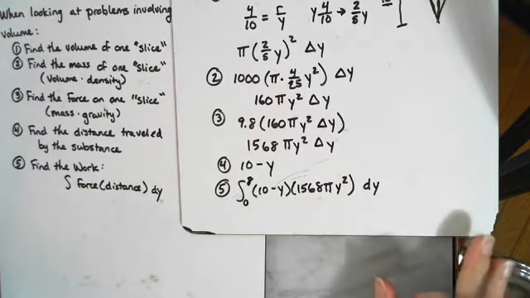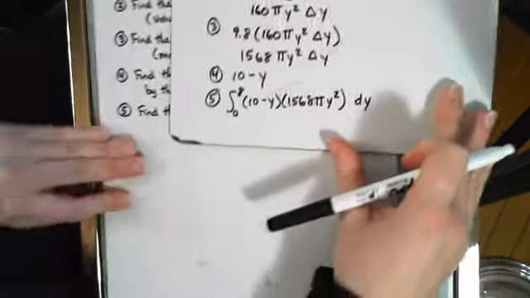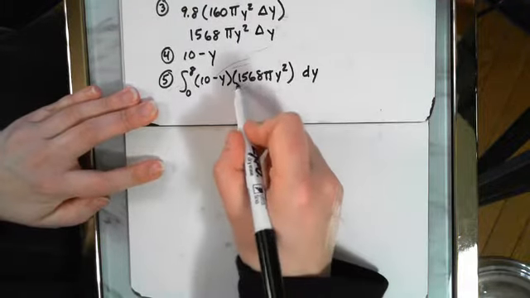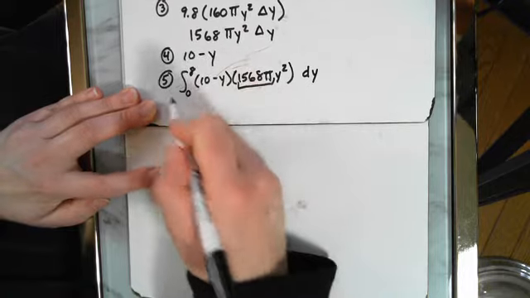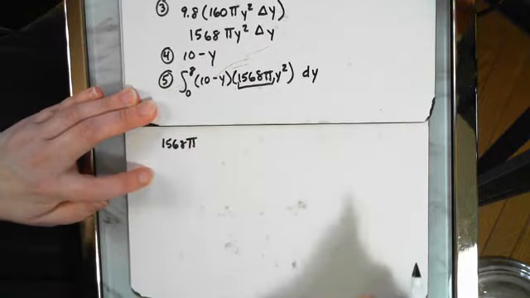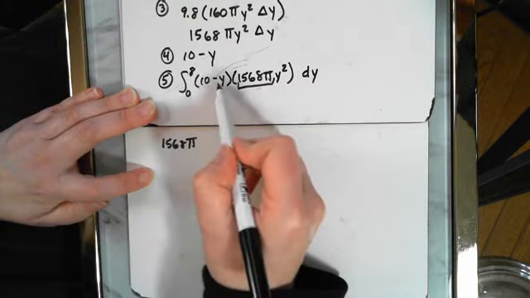Now, I just need to finish this integral. So let's take a look. I'm going to take this constant and pull it out. And then I'm going to do y squared multiplied into this.